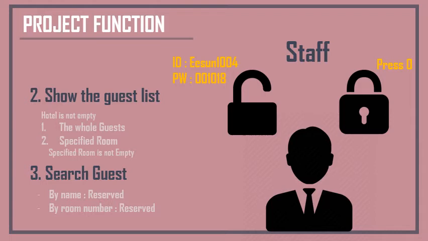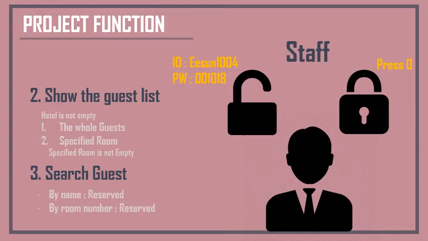And in this feature, you have the option to see the entire hotel guests, and you have the option to see the guests using a particular kind of room. At this time, if you see guests using a particular type of room, there must be at least one customer using that room.